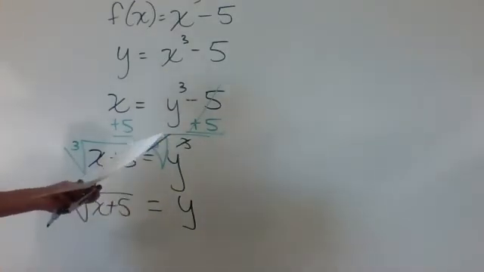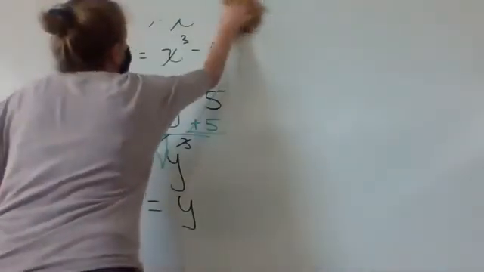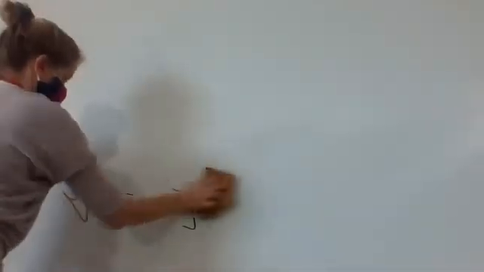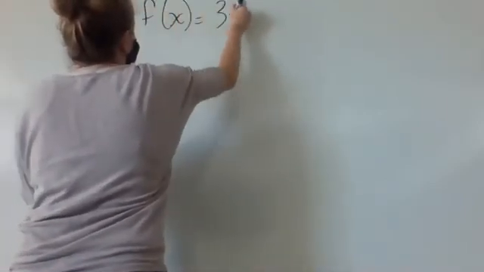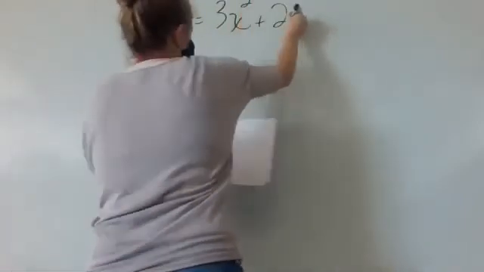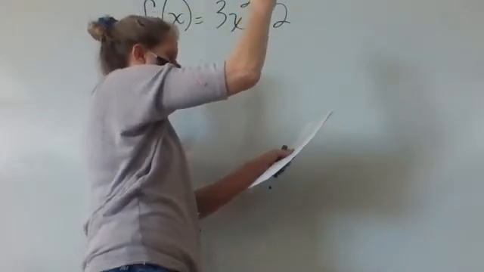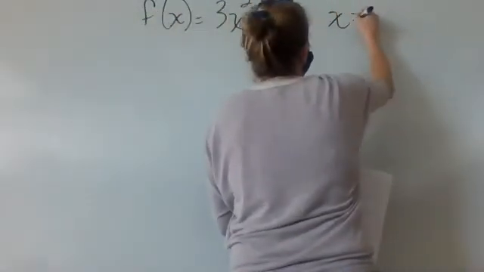All right, number 11. You have f of x equals 3x squared plus 2. Then it says over here to the side, where x is greater than or equal to 0.